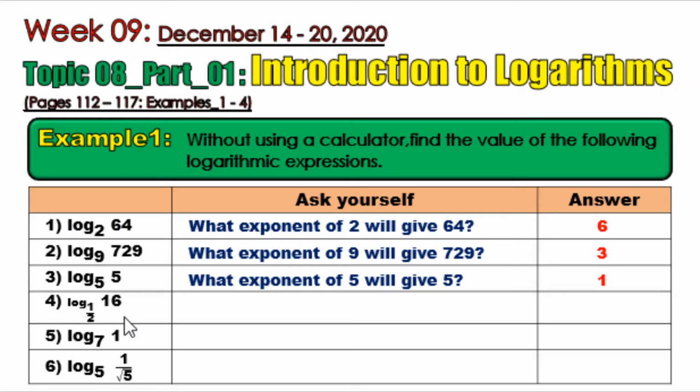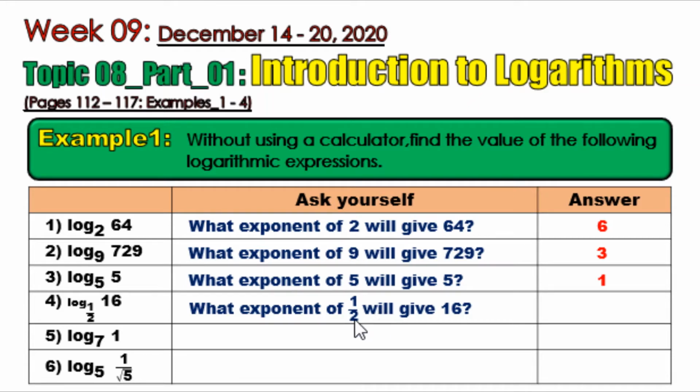Now let us proceed to number 4, logarithm of 16 to the base 1 half. What exponent of 1 half will give 16? Our base is 1 half. This can be expressed as 2 raised to negative 1, applying the negative law of exponent.